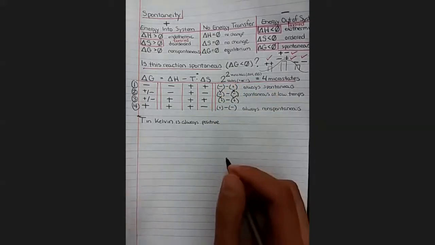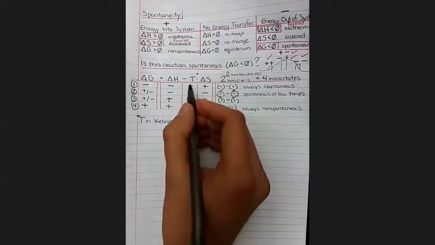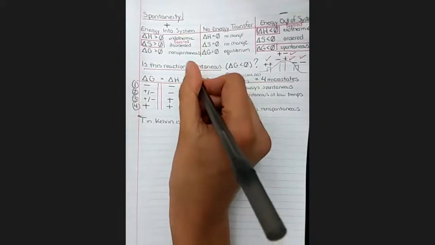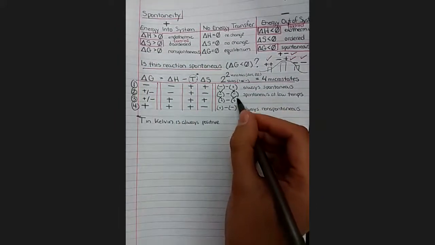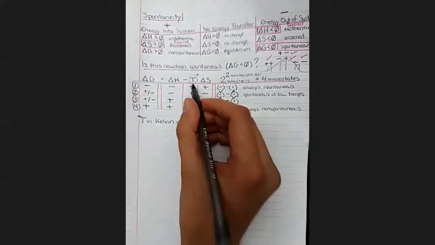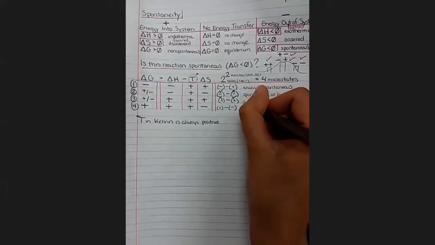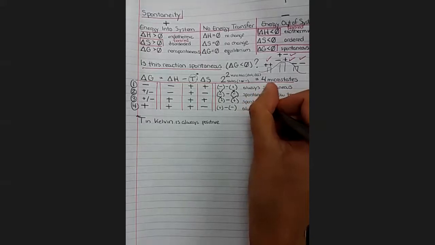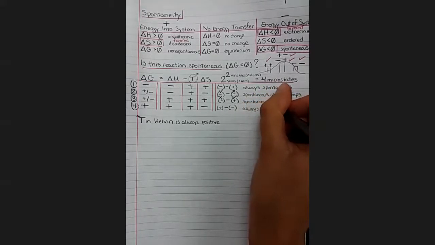We want that to be as small as possible. And our adjuster knob is the temperature, and that's in the second term. So we want that term to be as big as possible. So we want to increase the temperature to make it spontaneous. So this microstate is going to be spontaneous at high temperatures.